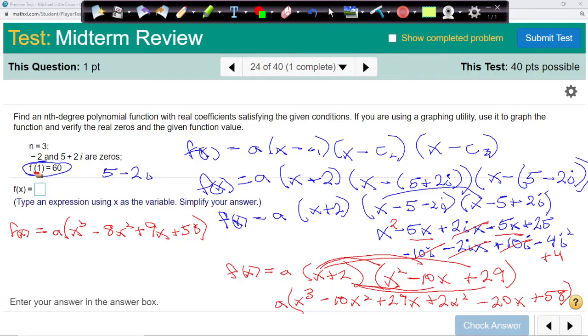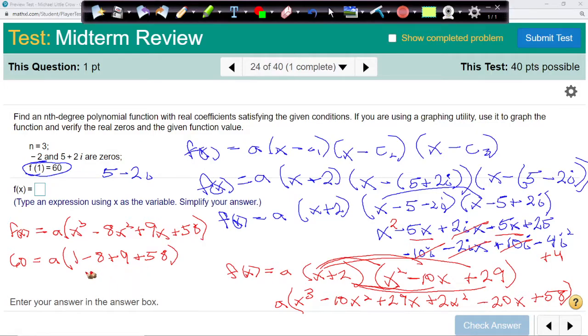Now this f of 1 equals 60. When we plug in 1 for x, we get 60. So 1 cubed is 1. 1 squared is 1 times negative 8 is negative 8. 1 times 9 is 9. And then we've got our plus 58.